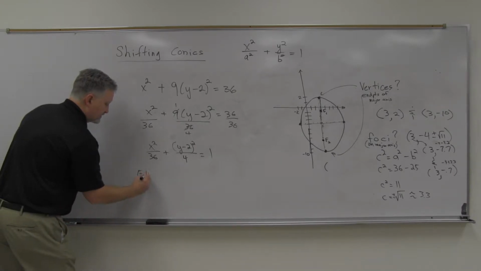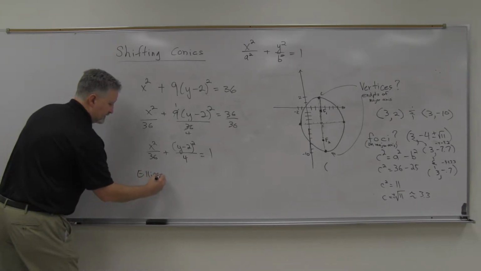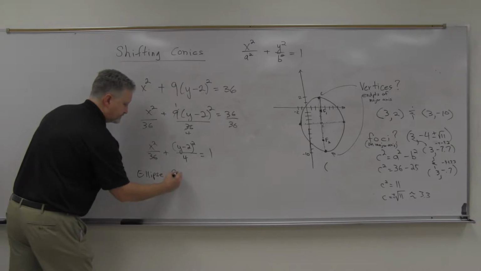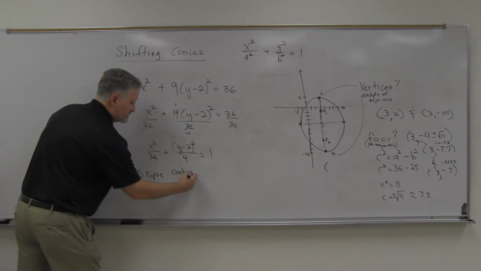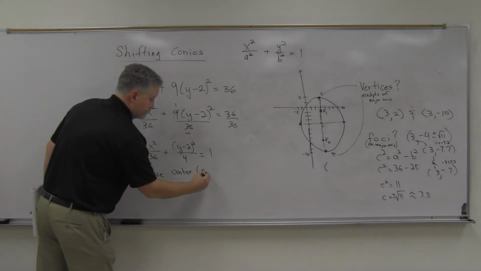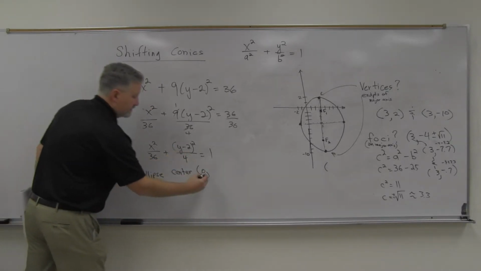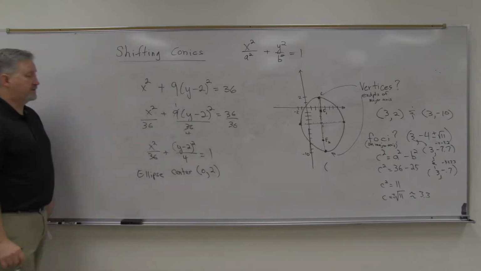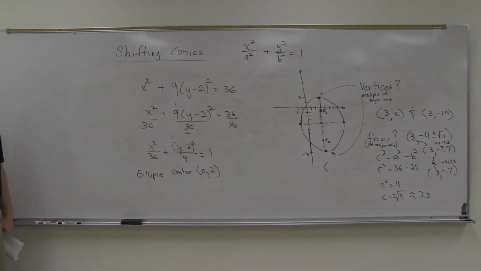Center, where's my center? 0, 2. Yeah, there's nothing subtracted from the x, so that means the center x value would be 0, but the y is shifted, if you will, by 2 units. So 0, 2 is the center. Yes? Okay.